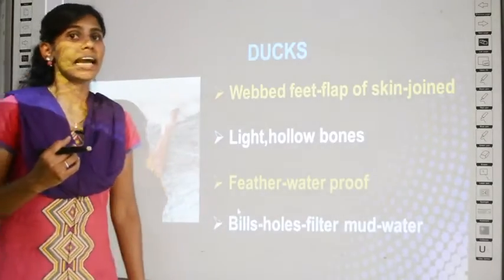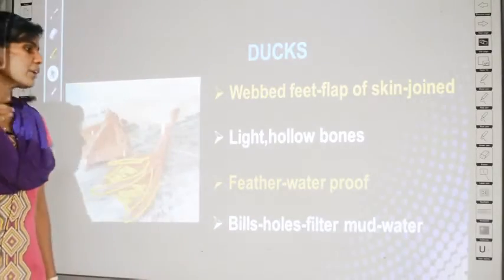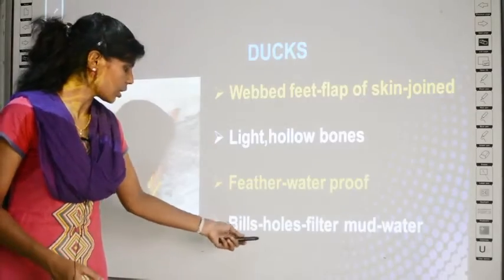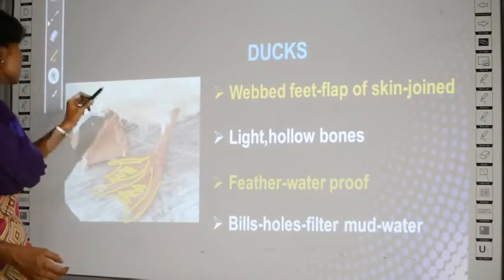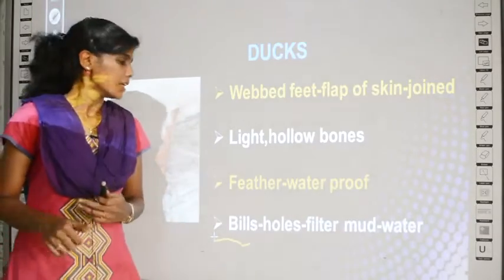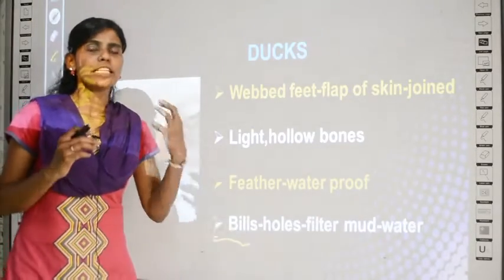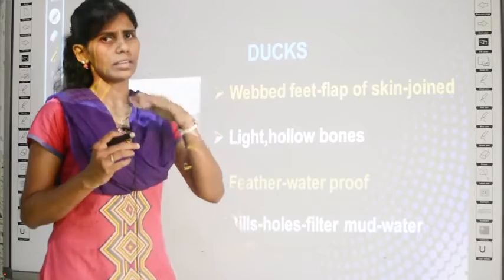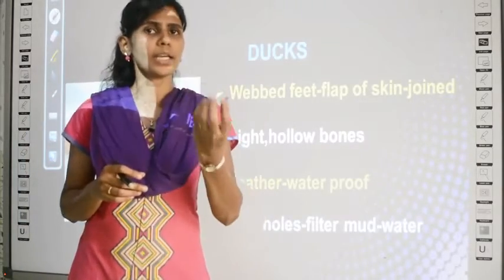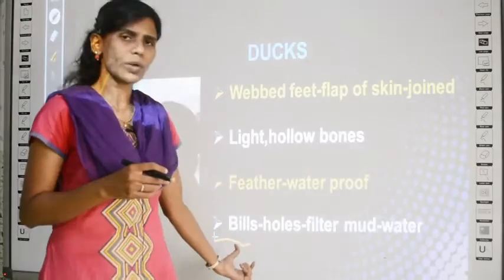And then on their beak, they have a hole called bills. What is the hole in the beak called? It is called by the word bills. These bills filter the mud. They even swim in muddy regions. So when they take in water through the bills, what is a bill?